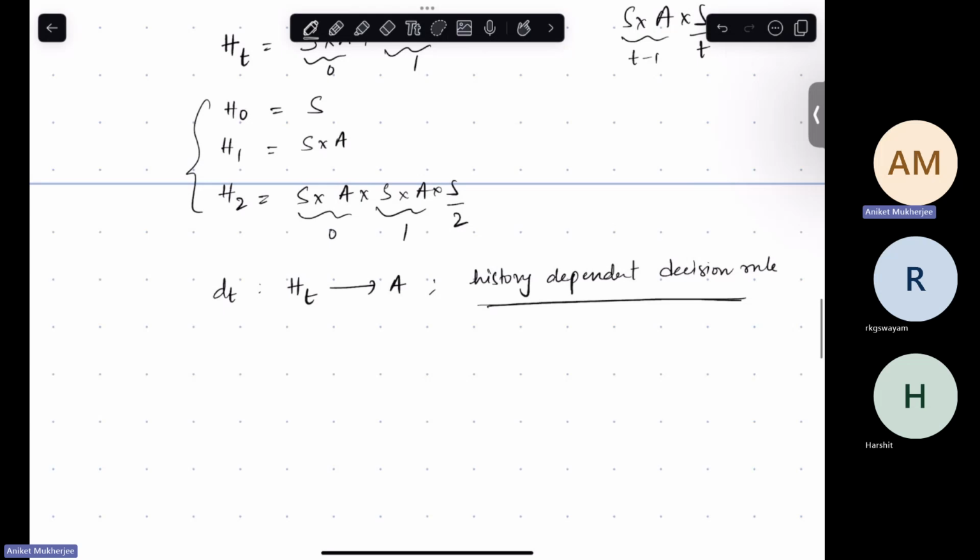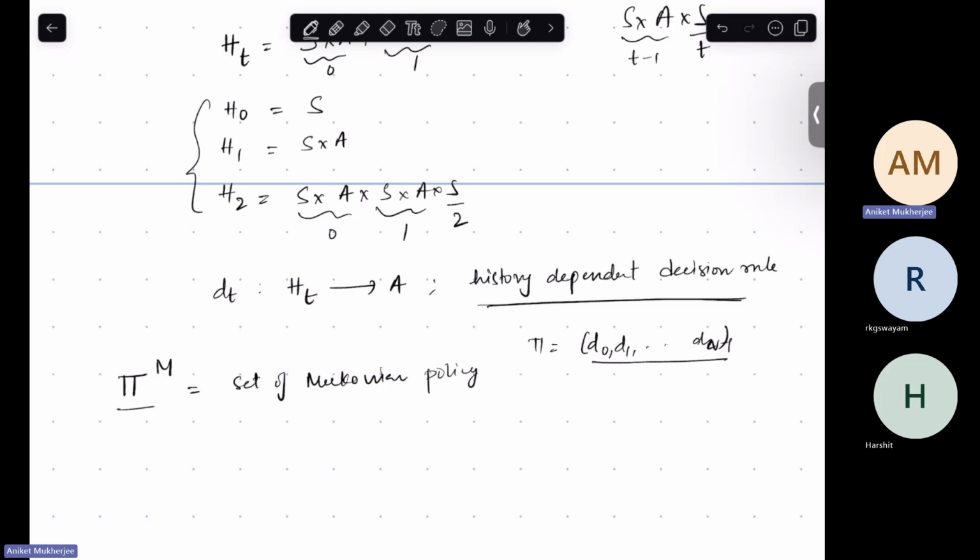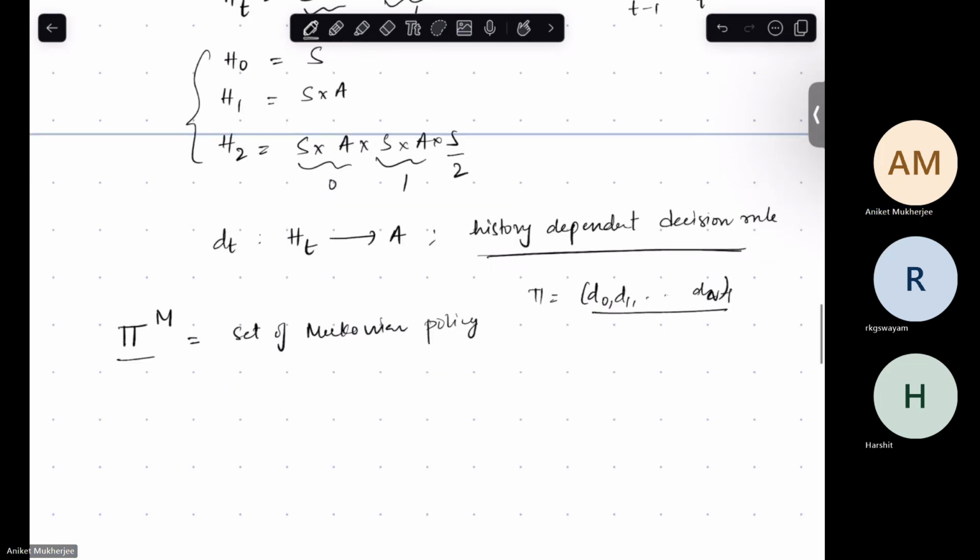Now I'll introduce sets of policies. Pi M is the set of Markovian policies. Pi means you'll have a sequence d0, d1, d2, up to dn minus 1. If all of these decision rules are Markovian, then pi M is the set of Markovian policies. And similarly, pi H is the set of history dependent policies.